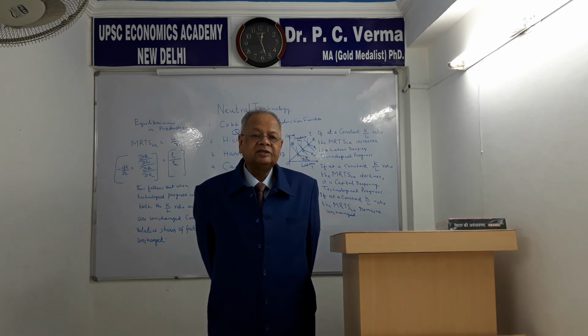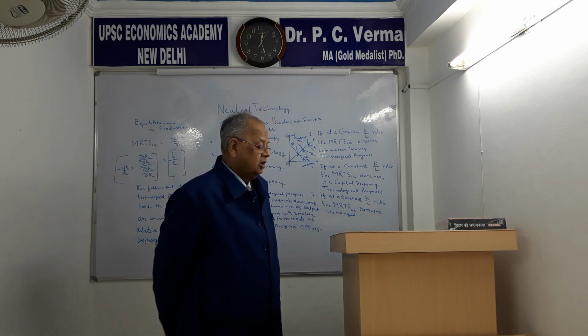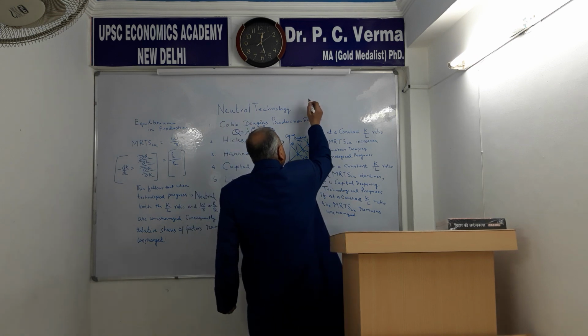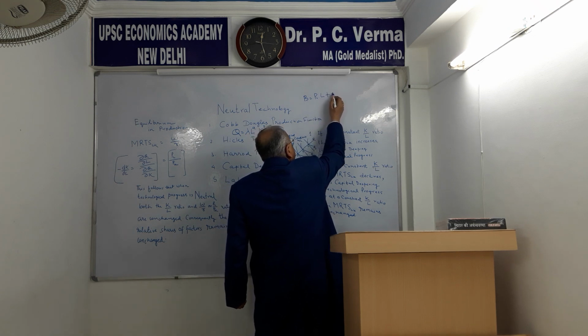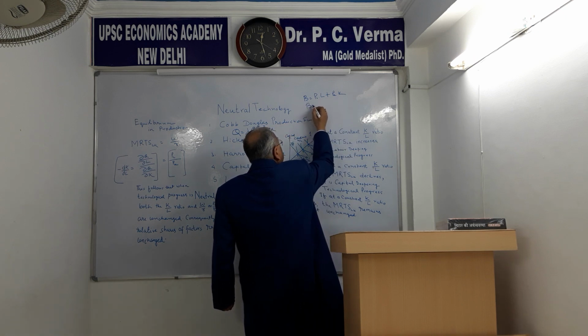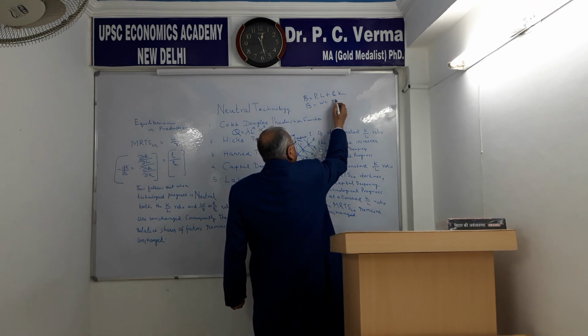Labor price is W, that is the price of labor. Capital price is R, that is the price of capital. So the producer's budget you will write like this: B equals PL L plus PK K. You can also write WL plus RK.